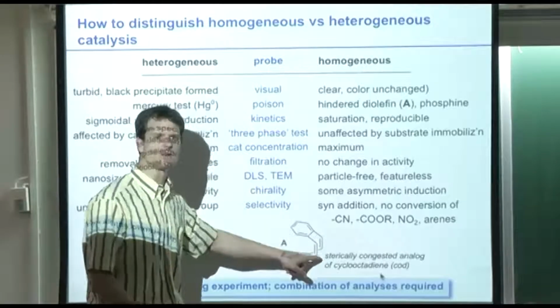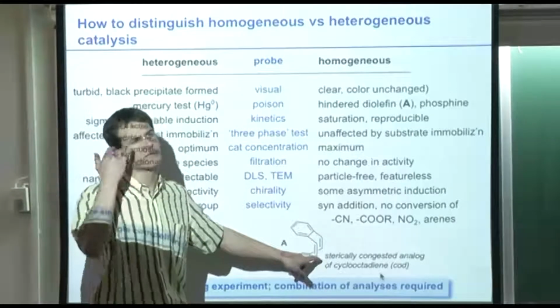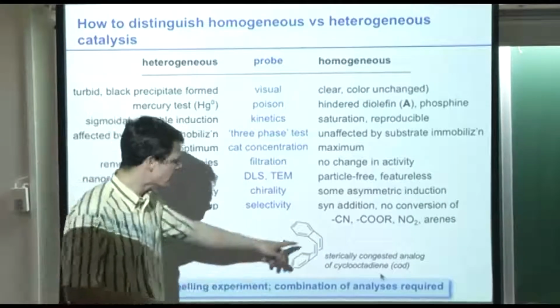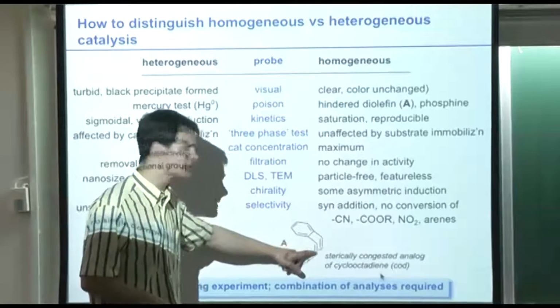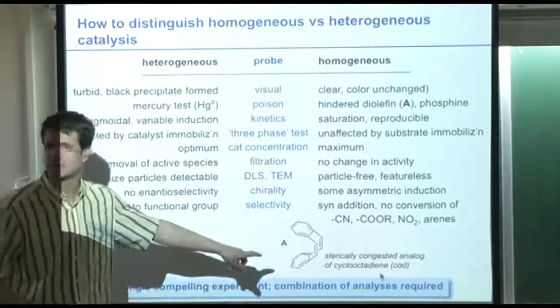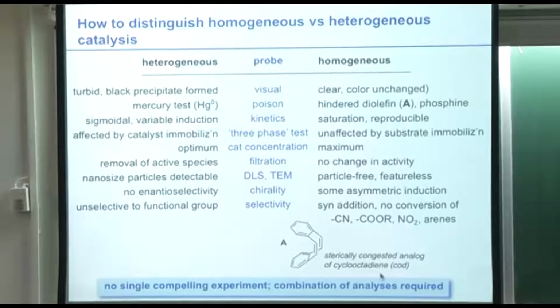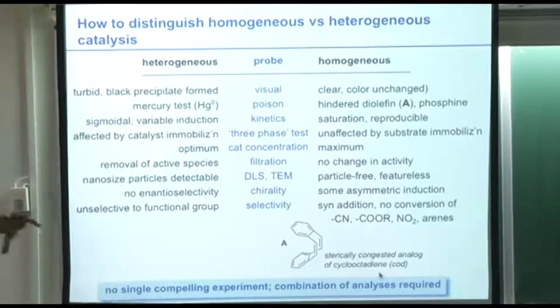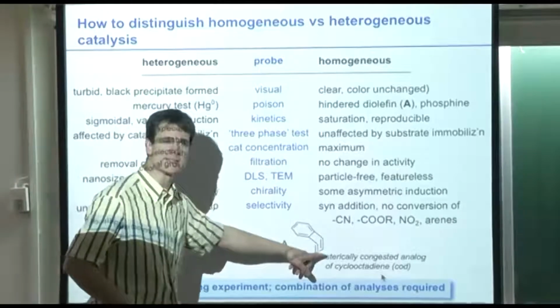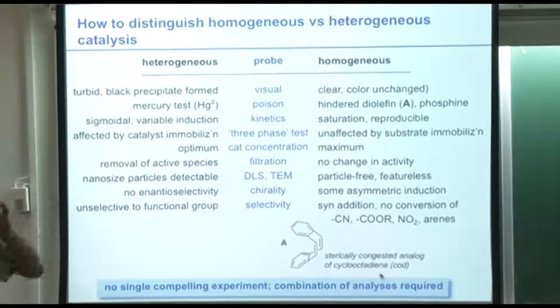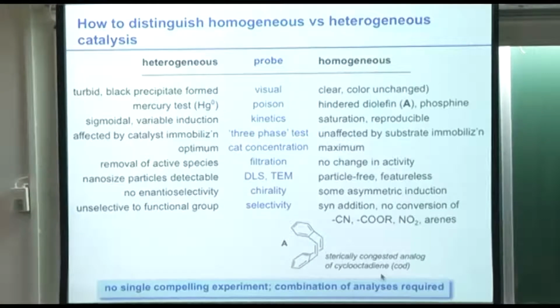For example, this diolefin has been developed as a poison for hydrogenation catalysts, for olefin hydrogenations, because these double bonds cannot be hydrogenated once they're coordinated, because they're in a rigid conformation when they're coordinated to the metal center. They cannot do the transformation that an olefin needs to do.